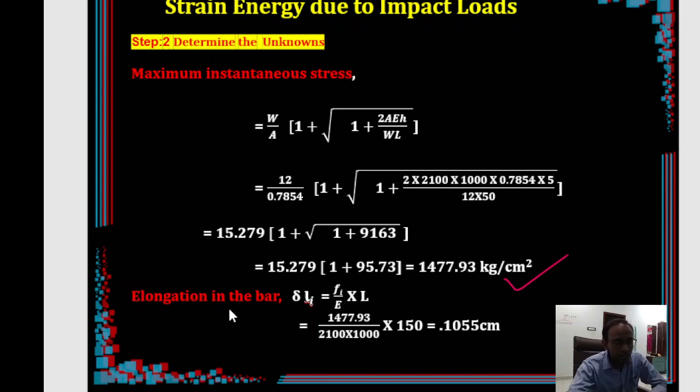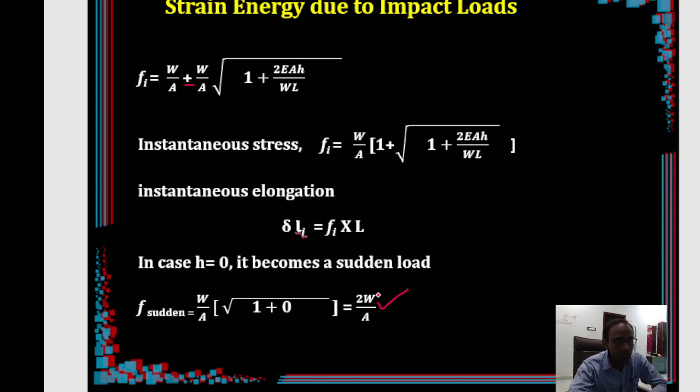Now if you want the elongation in the bar, how do you find it? You simply multiply Fi by E with L, right?